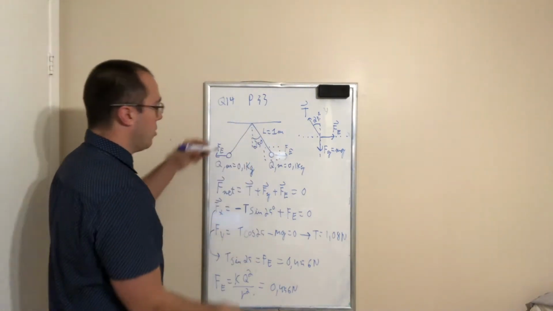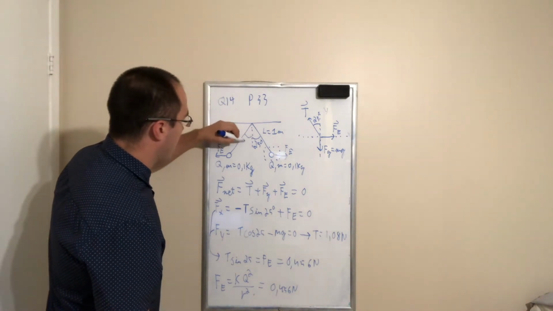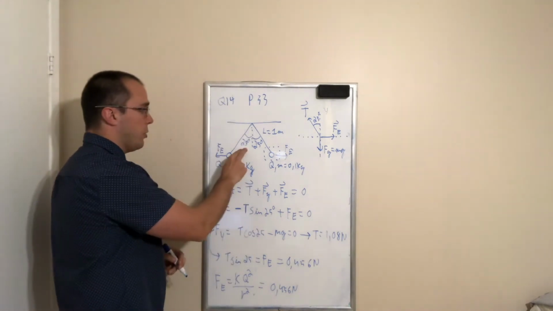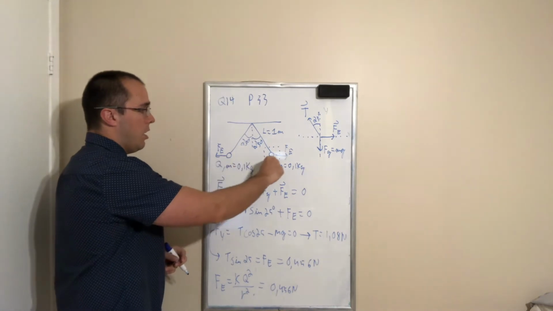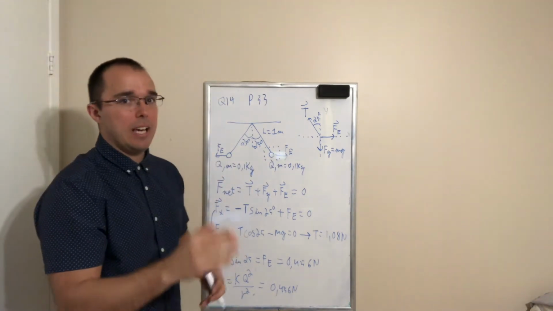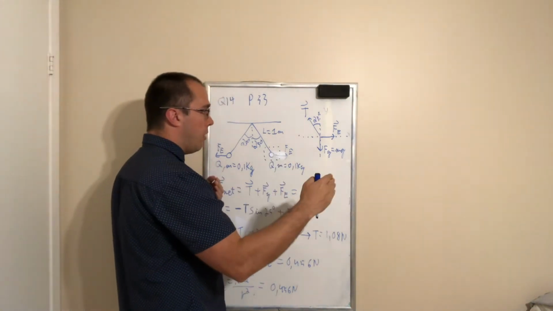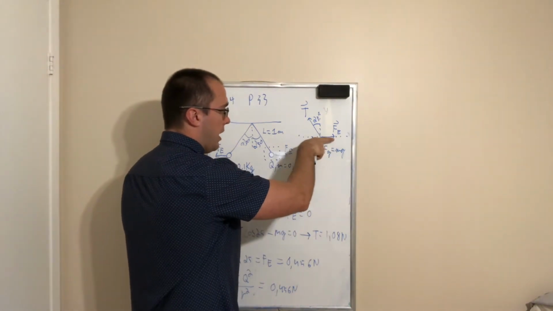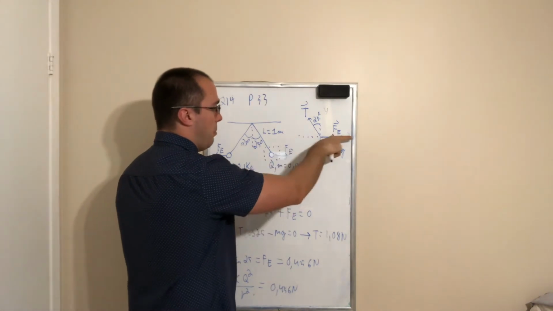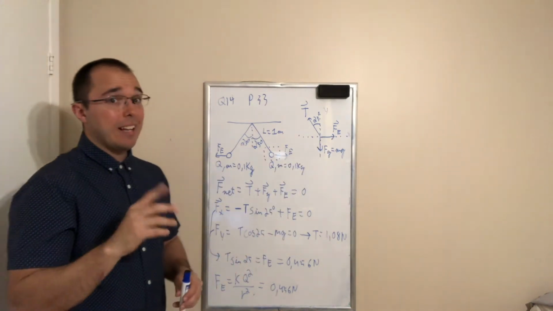They both share the same angle, although it's not exactly written in the diagram. They say it's the same angle, so 25 degrees here also. So that means the force has to point strictly in the X direction. So the electric force that repels both balls is in the X direction, and for this one it is in the positive X direction.